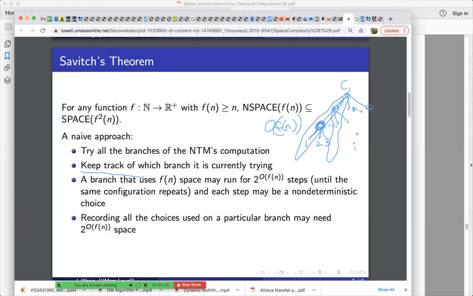But since each branch halts, you're not going to run into a repeating configuration. So that's at most this many. However, at each step, it could be a non-deterministic choice, and you have to remember that choice. So you have to remember this many choices for each branch. So that is non-deterministic space. So this naive approach doesn't work.